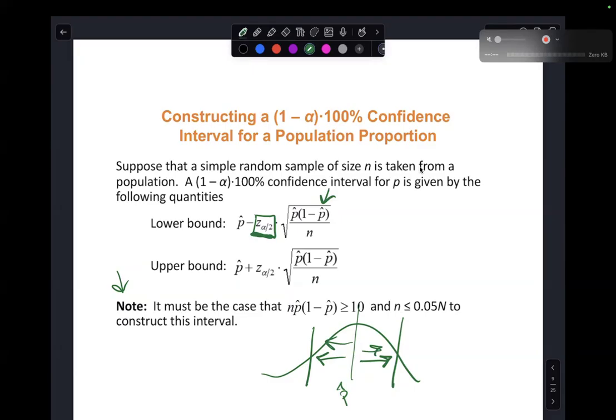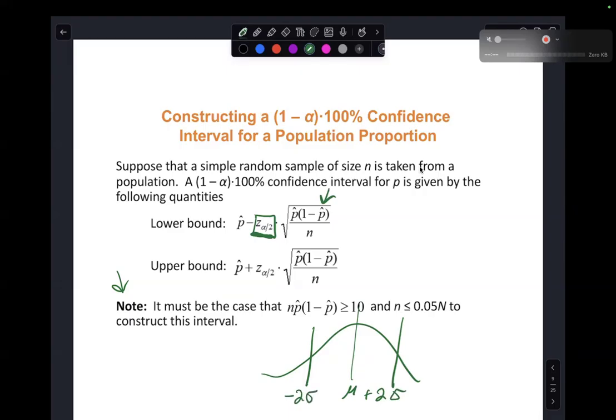Just like, let's step back to the empirical rule. Remember when we said that 95% of all data is within 2 standard deviations of the mean? So when we were doing the empirical rule, I would have the mean, and then I would add 2 times the standard deviation, then subtract 2 times the standard deviation.